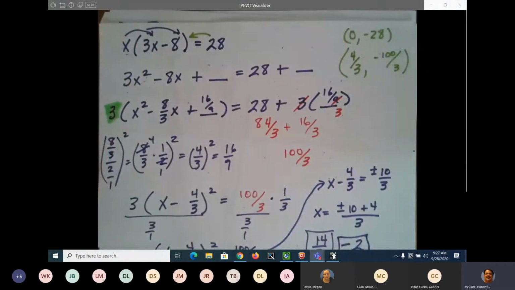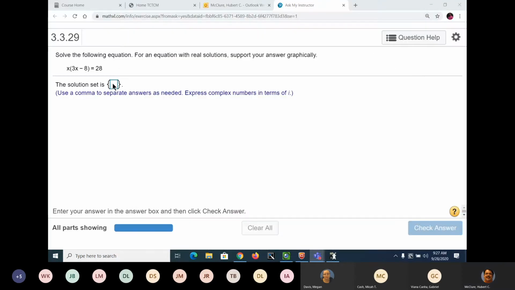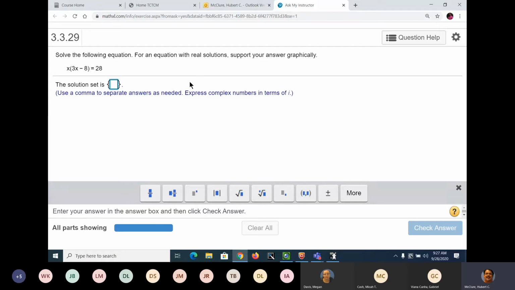So let's see what they're asking. Because sometimes they ask some essay questions. The solution set should be 4/3. I'm sorry. Let's see, it says complex number. We don't have any complex numbers.